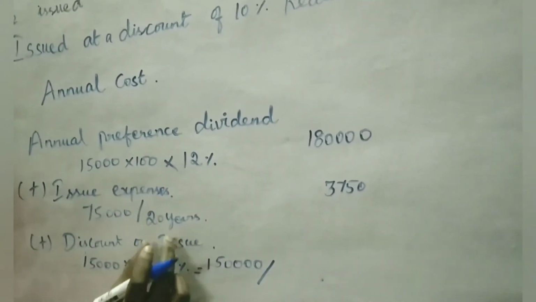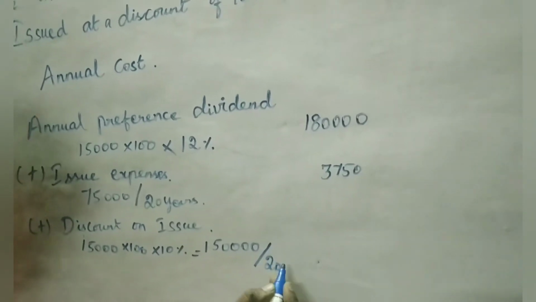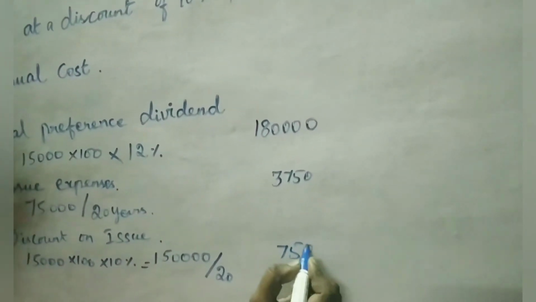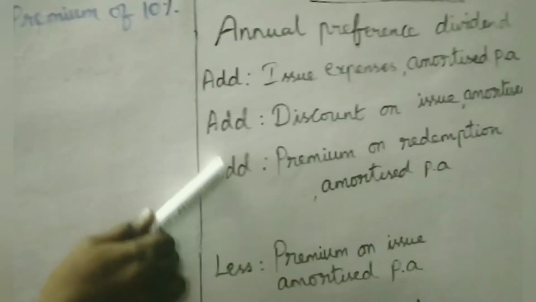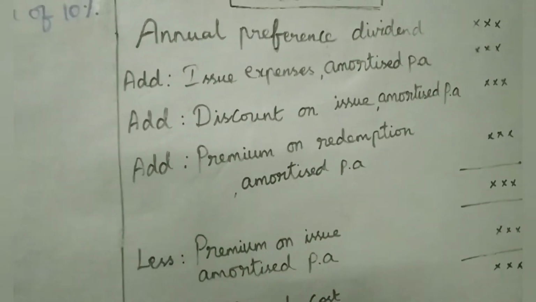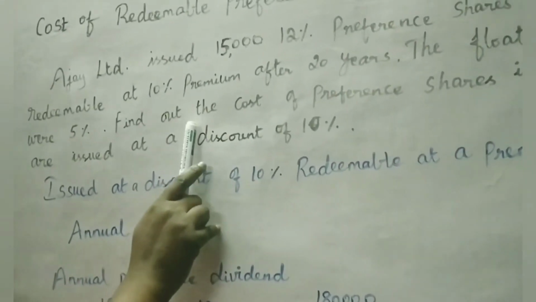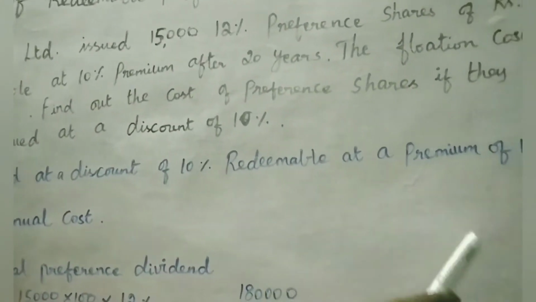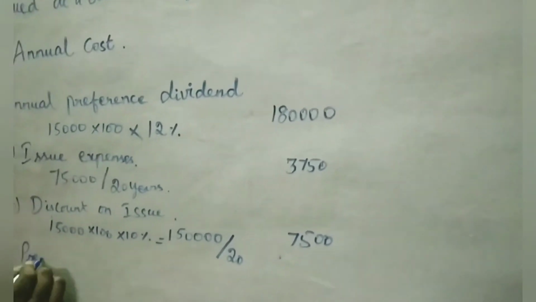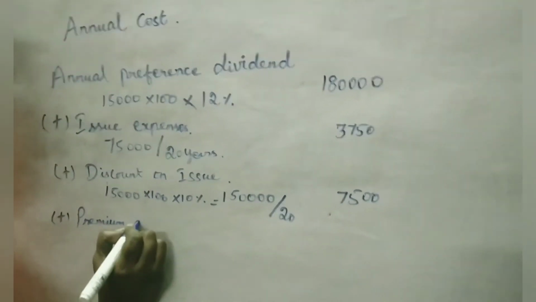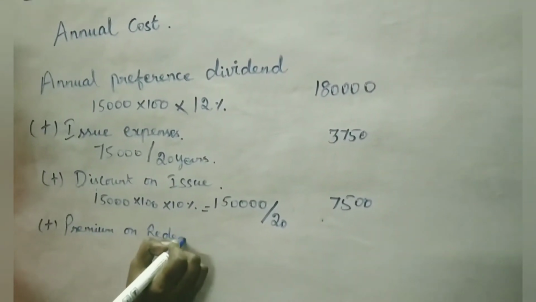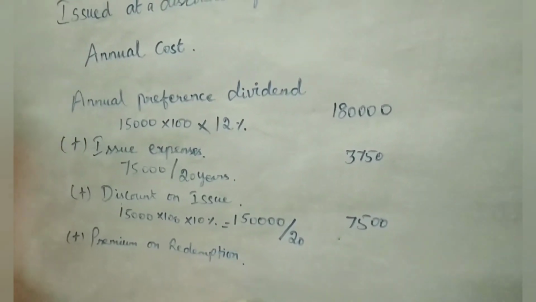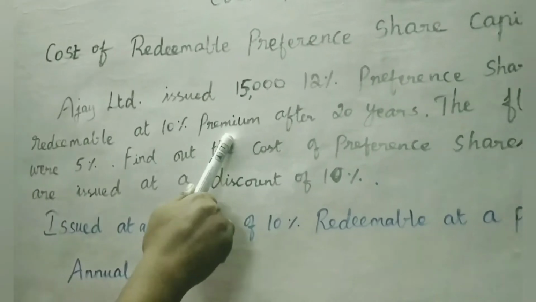Discount also amortized per annum. To find out per annum, divide by number of years, 20 years. The answer is 7,500. Next, premium on redemption. Yes, this problem is redeemable at a premium. So add premium on redemption. Redeemable at a premium of 10%.